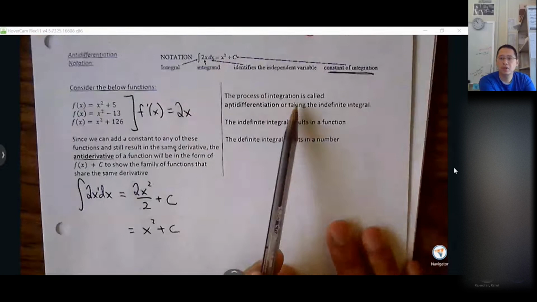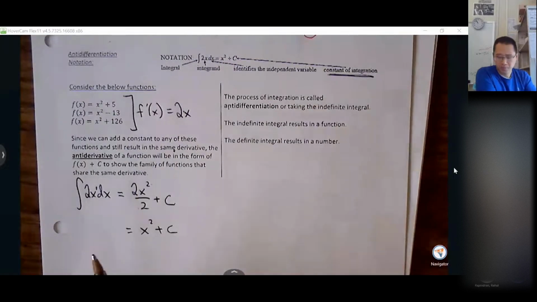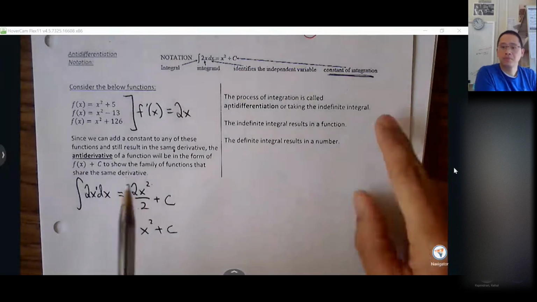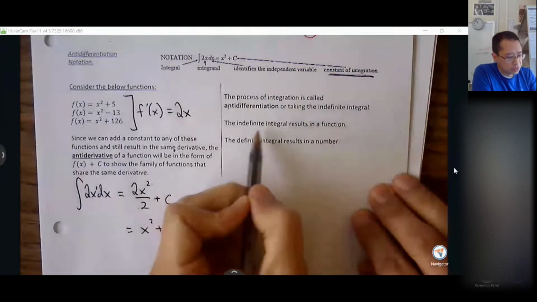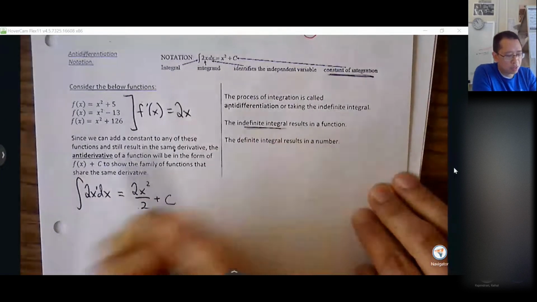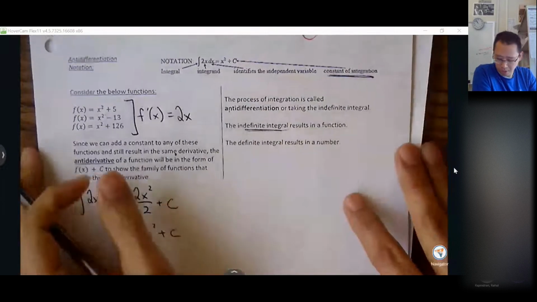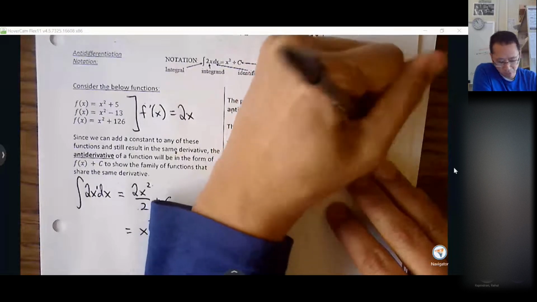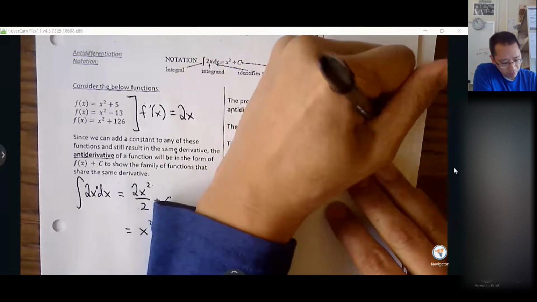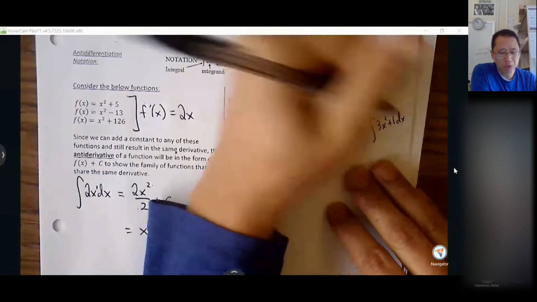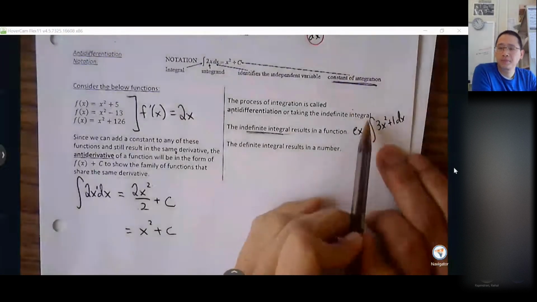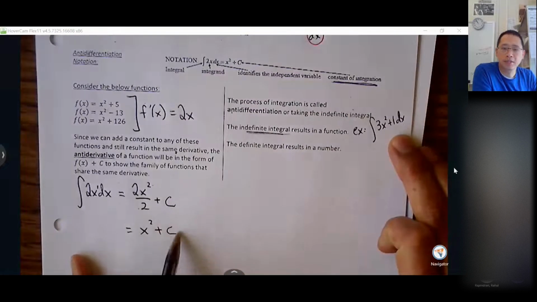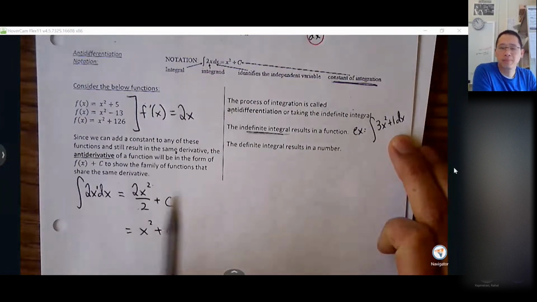The process of integration is called anti-differentiation, or taking the indefinite integral. An indefinite integral results in a function. That's what we'll be working on for a week or so: integrals without bounds. Integrals without bounds will always produce a plus c, function related.